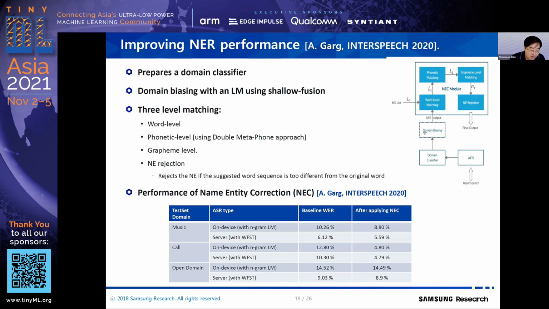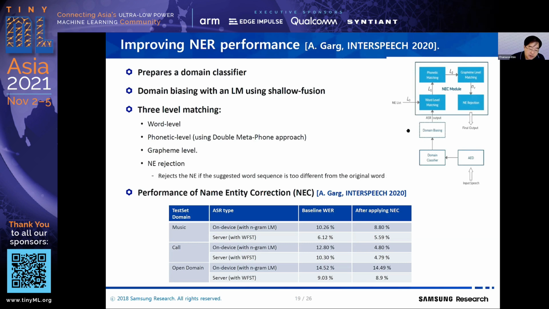For on-device recognition, once we know the domain, meaning the speech recognition domain, for example the music domain or the call domain, we apply a kind of domain classifier to find out the current domain the user is speaking in. Based on the domain, we use a list of words, a limited word sequence, a named entity sequence.